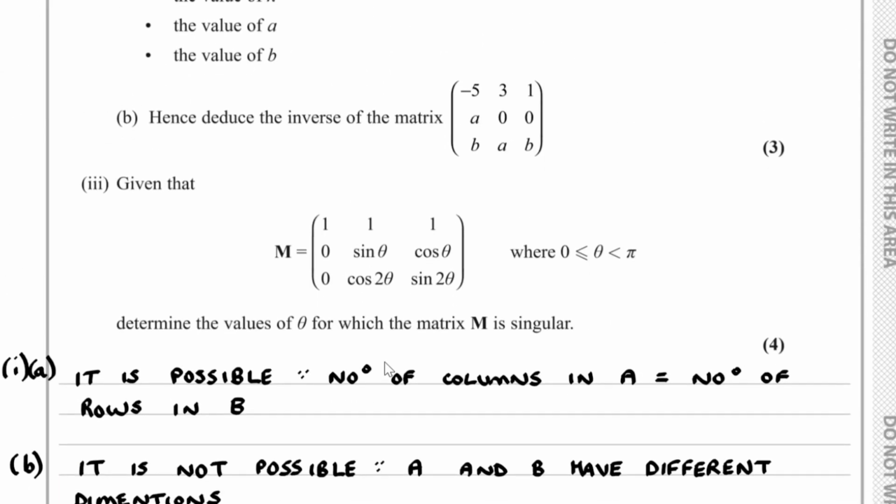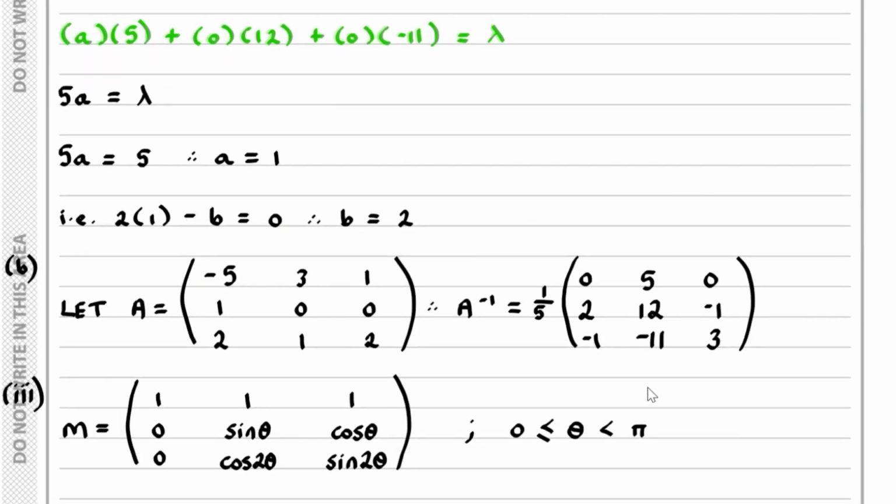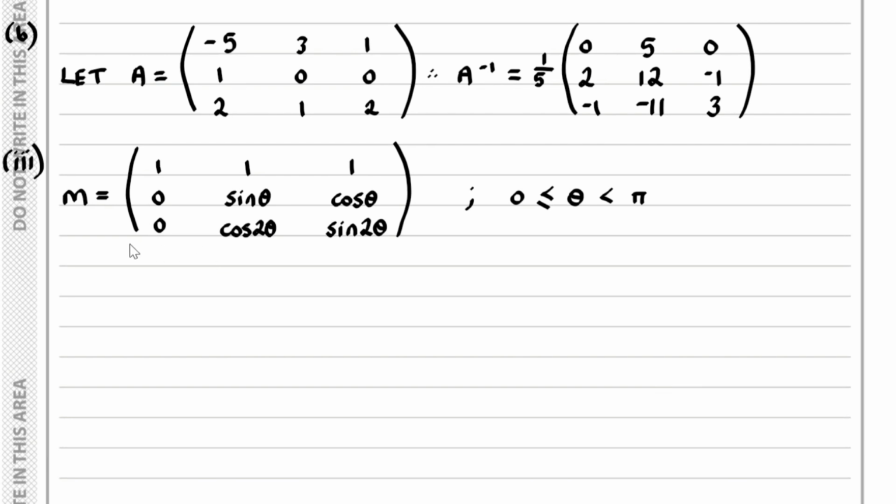Now, if we were to determine the values of theta for which M is singular, this would suggest that we want the determinant of M to equal 0. We have a singular matrix. So we need to calculate the determinant of M.